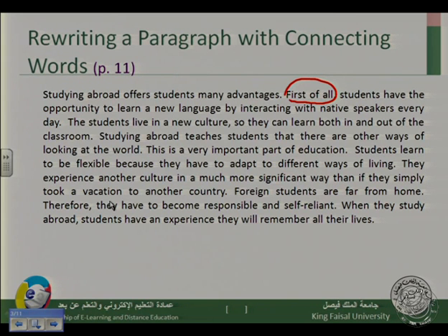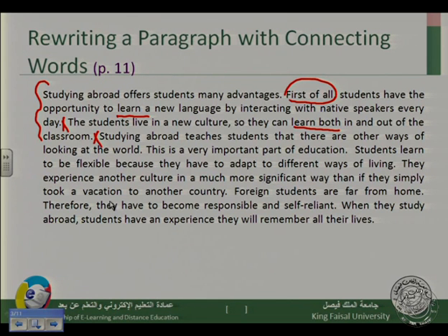Now, in addition to that, the students live in a new culture, so they can learn. So you have learn here and learn here. So somehow the idea of learning is or can be found in the first two sentences. Sentence number 1, which ends here, and sentence number 2, which ends here.